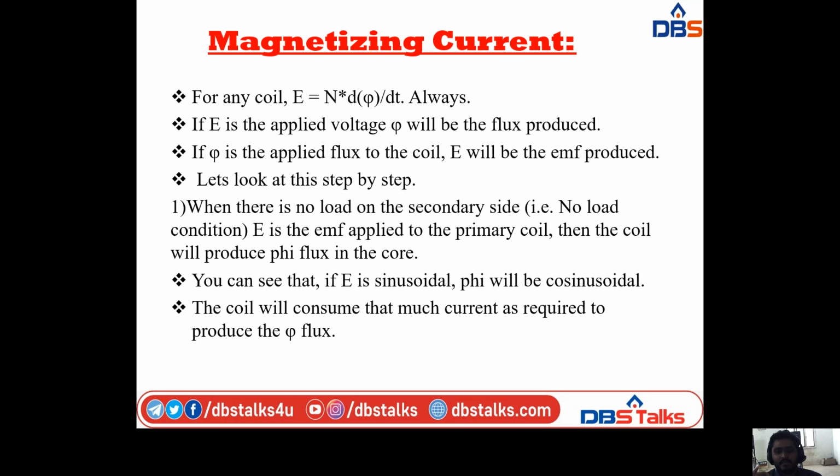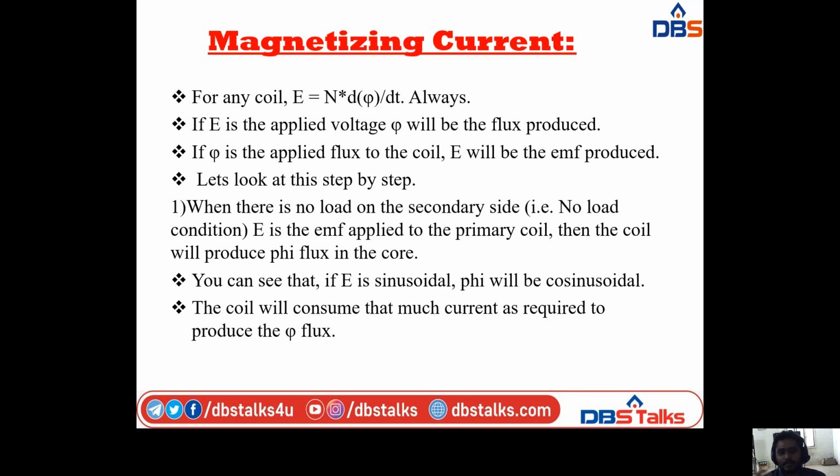Then the coil will produce flux phi in the core. And you can see that if E is sinusoidal, flux will be cosinusoidal. I already explained this in the EMF equation of a transformer.